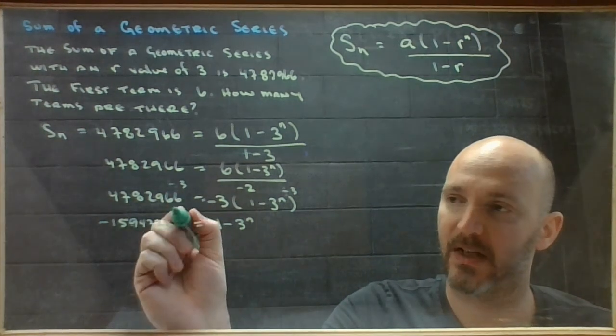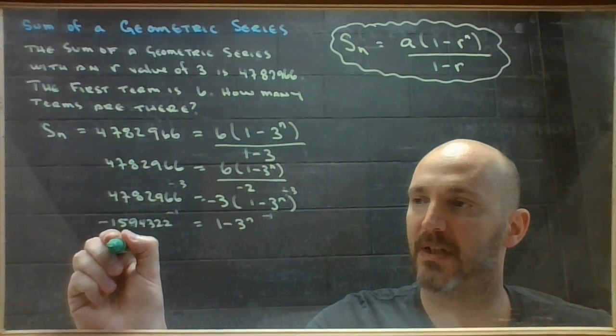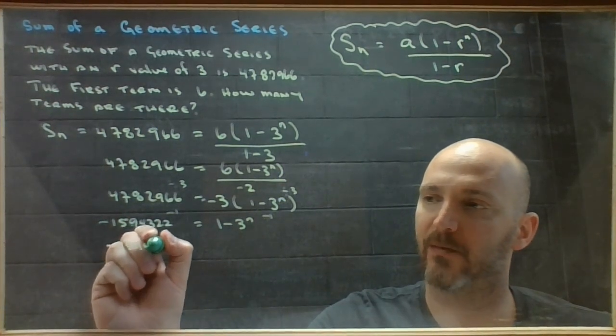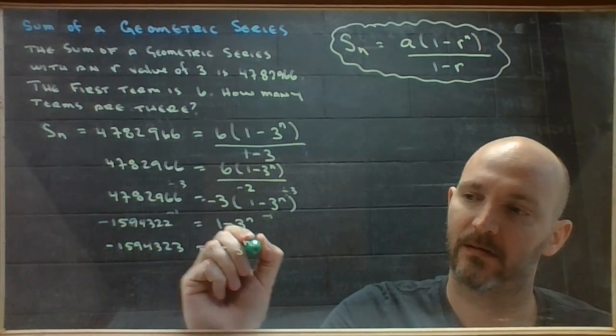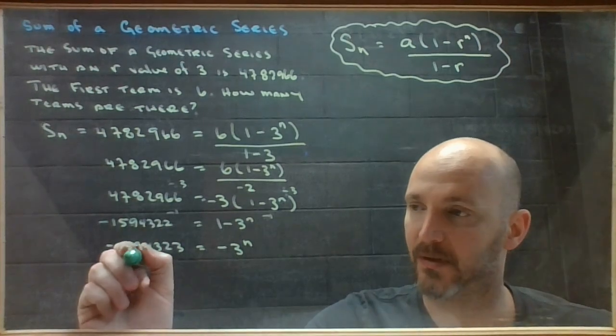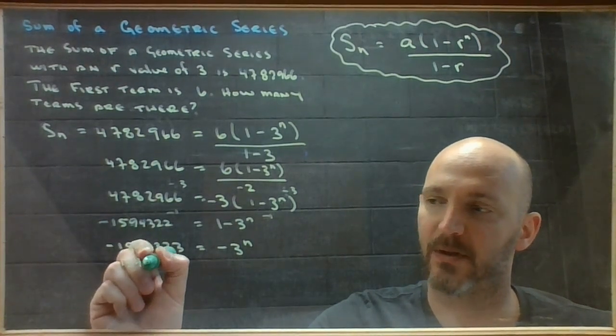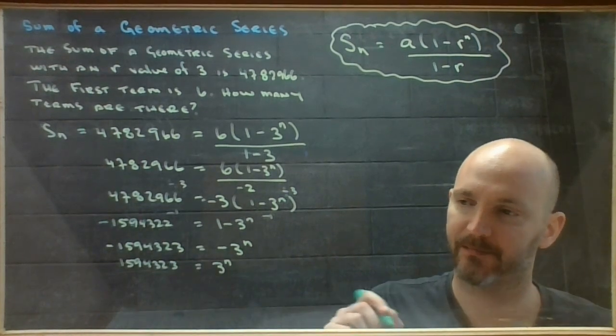Subtract 1 from both sides to get rid of this thing. Should give me negative 1,594,323. If negative 3 to the n is negative this number, then positive this number is positive 3 to the n.